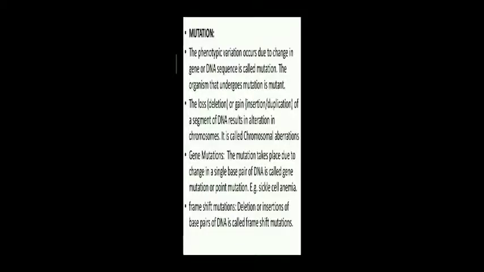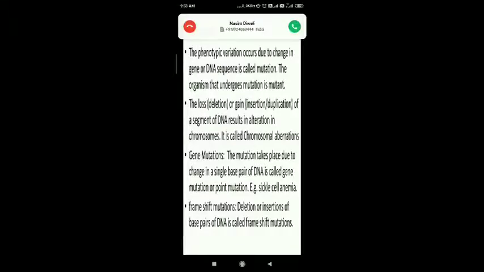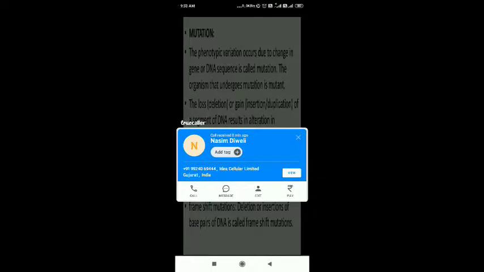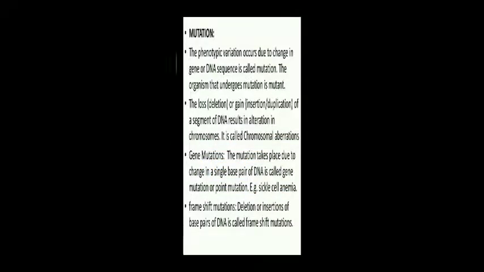The alteration in chromosomes results in abnormalities and is common in cancerous cells.